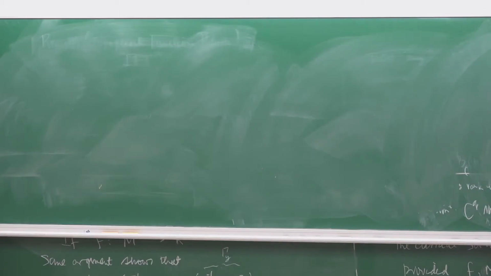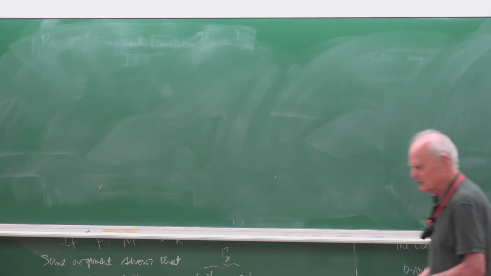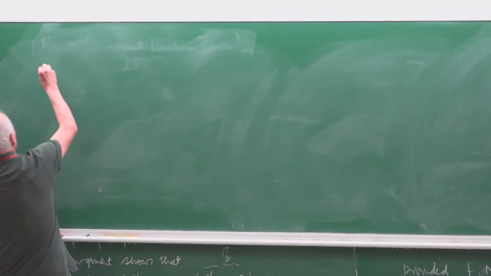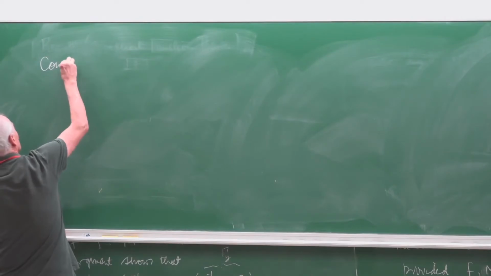Chapter 3 is a chapter on rectifiable sets, countably n-rectifiable sets. It turns out to be an extremely important topic.